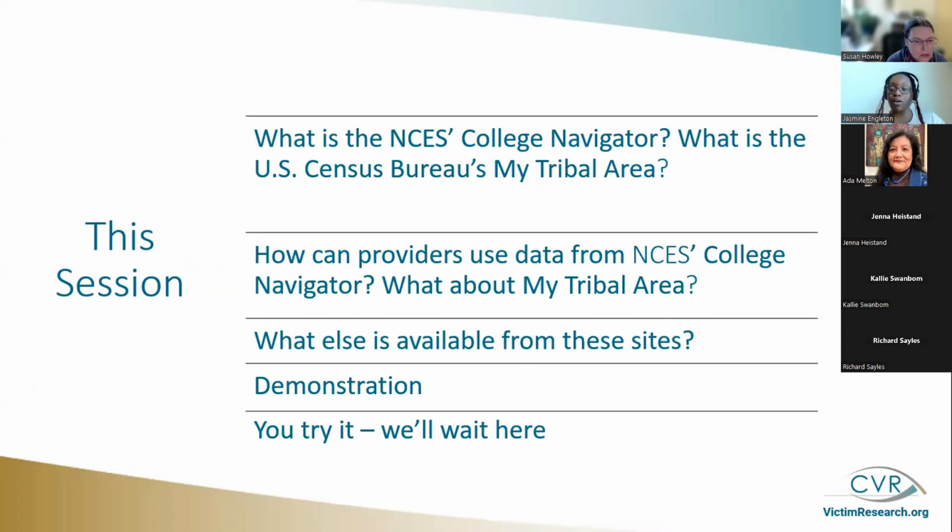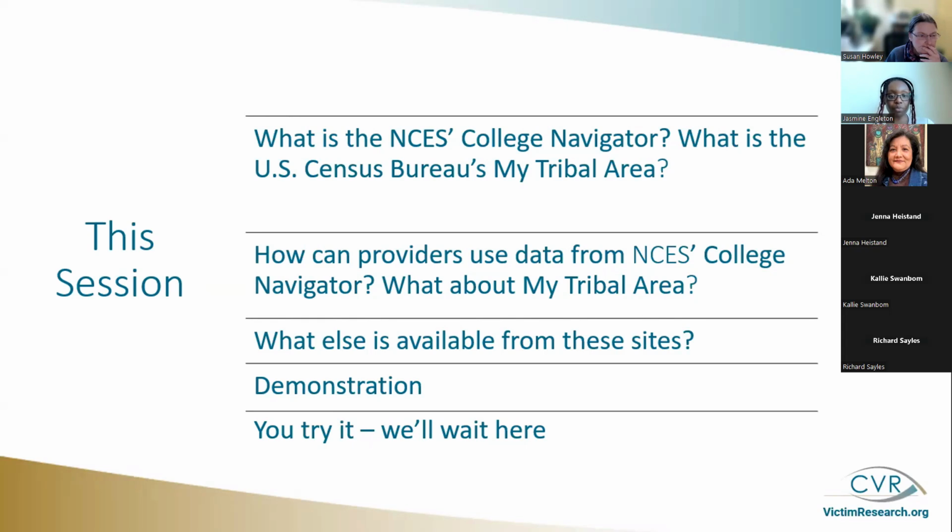Then I'm going to do a quick demonstration of each of the sites, and then we'll give you some time for yourselves to do a little exercise where you'll be able to gather some data from the actual resource yourself. Then we'll sit and wait for you if you have any questions or need another example or another demonstration of the tool to access information that you're looking for.